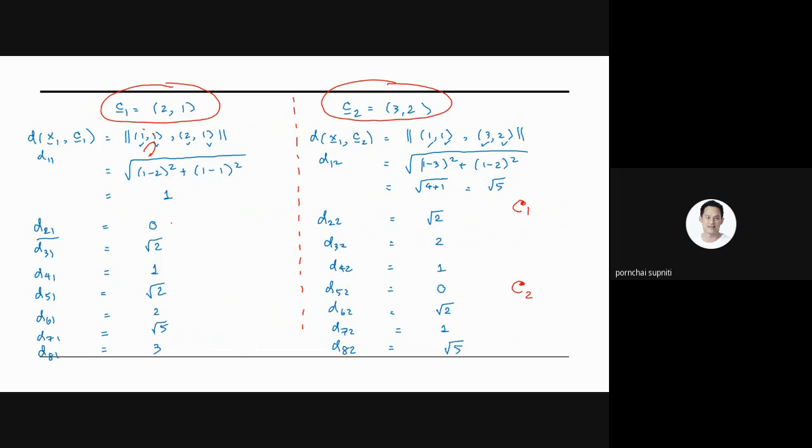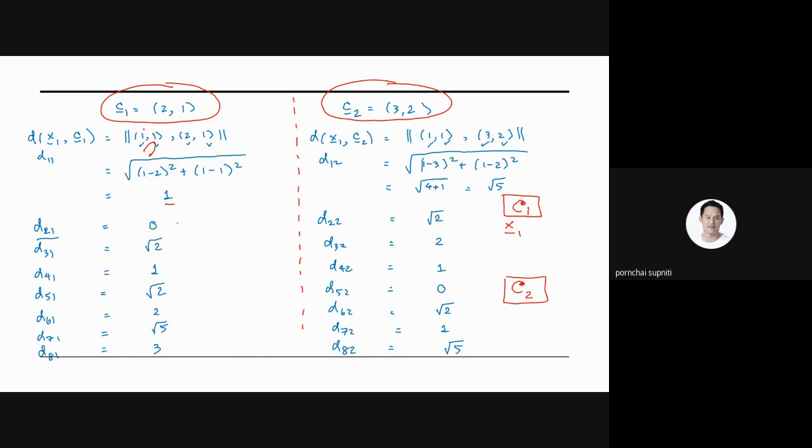Looking at D11, the distance between data point 1 and centroid 1 is 1. The distance between x1 and centroid 2 is square root 5. Therefore, x1 is closer to centroid 1, so we write x1 under cluster 1.